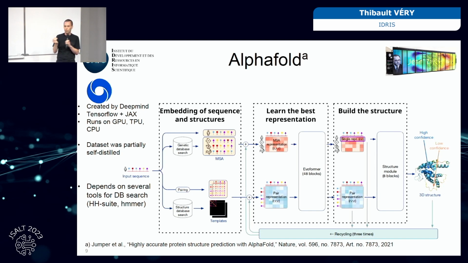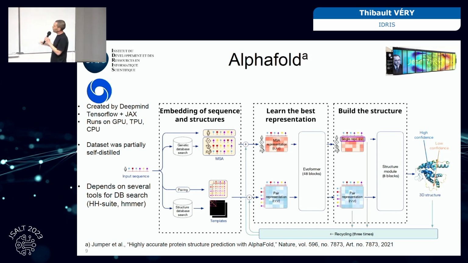The way they represent the 3D structure is in a matrix of distances. You take all pairs of amino acids and compute the distance. That's not only the distance, you have other features implied, but basically it tells the distance between all the pairs of amino acids.